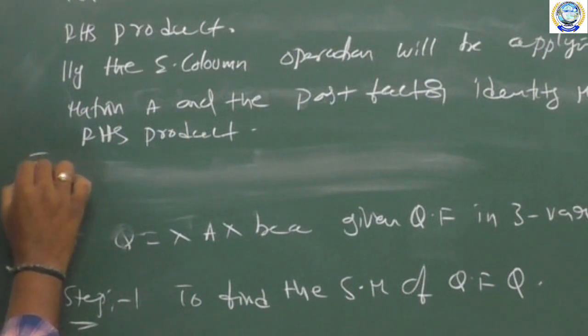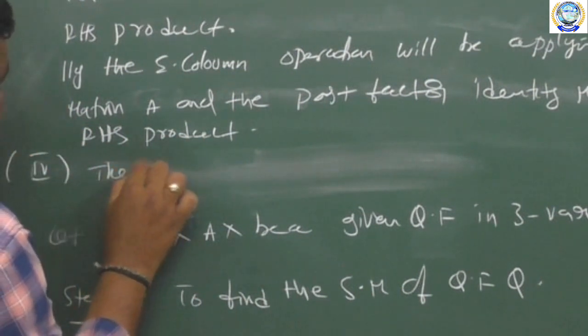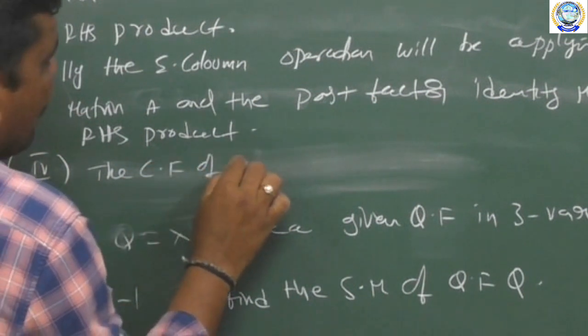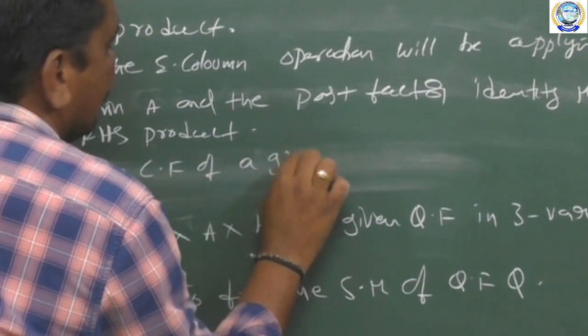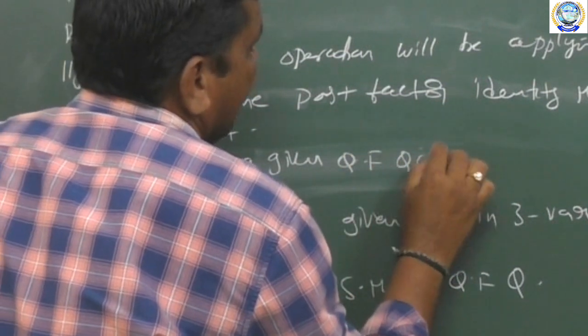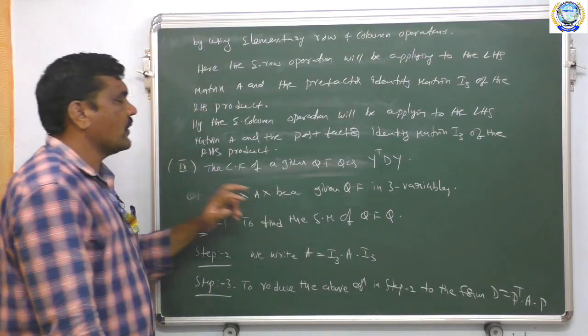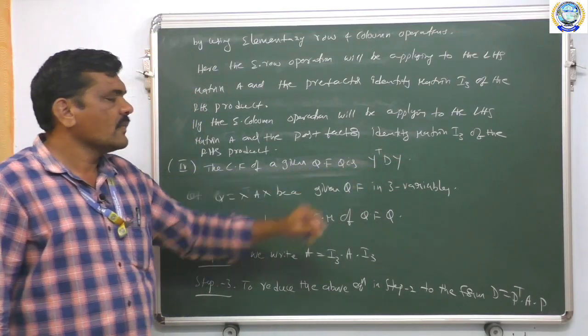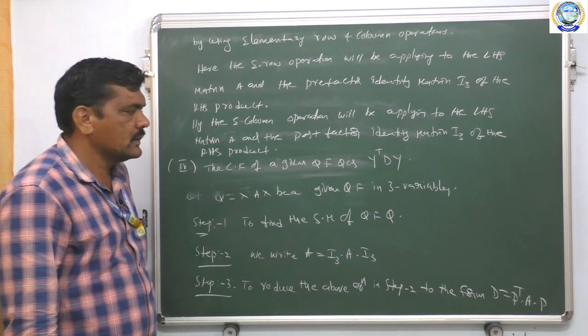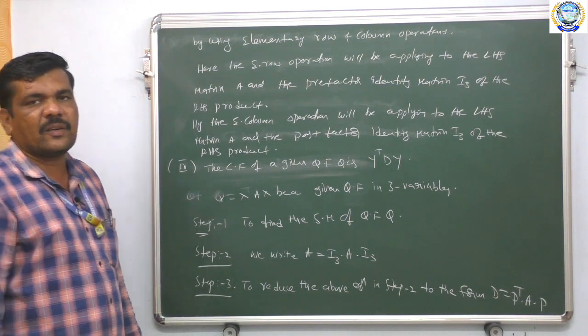In the fourth step, we get the canonical form. The canonical form of a given quadratic form Q is Y transpose DY. From this canonical form, we get the rank, index, signature, and nature of the quadratic form also.